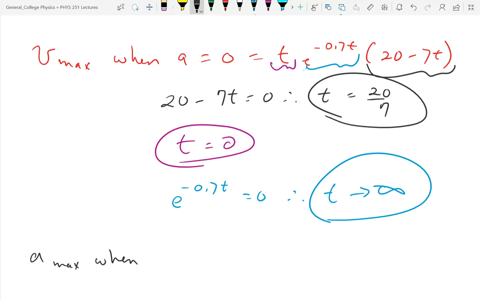Nathan said the slope of v is maximum. So when dv/dt is max, right? But dv/dt is a, so that was just kind of a definition. But how do we find when a is max? When da/dt is equal to 0.